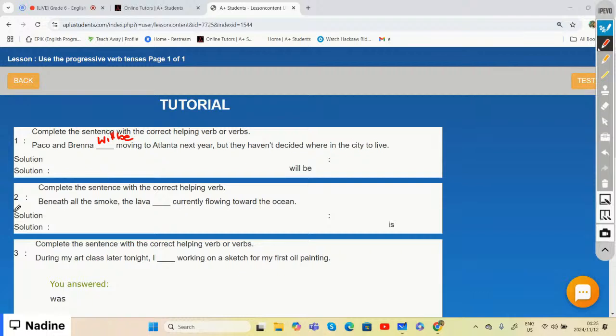All right. So here we will say beneath all the smoke, the lava is. So is is a helping verb that tells us it is happening now.